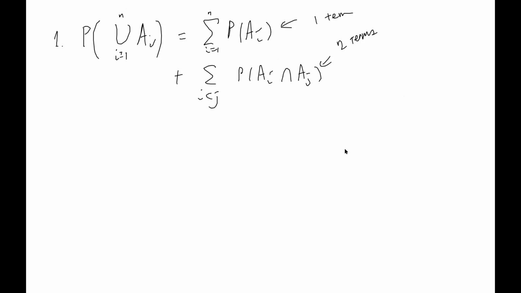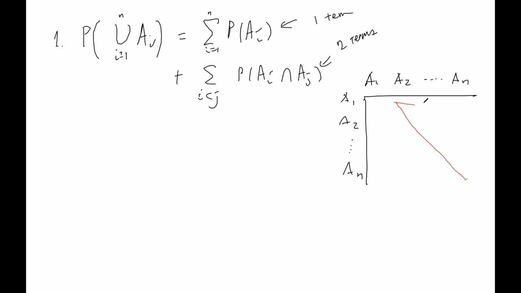So basically, if you look at this, your A1, A2 are here until An. You are looking at i less than j. So you have to consider the geometry of the table. It's all concerning up to this point. The diagonal is here.